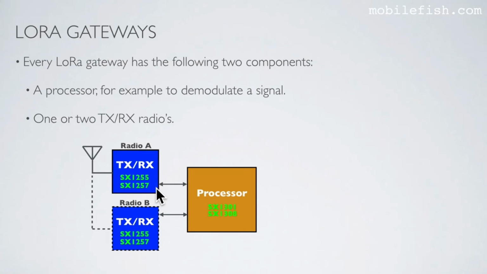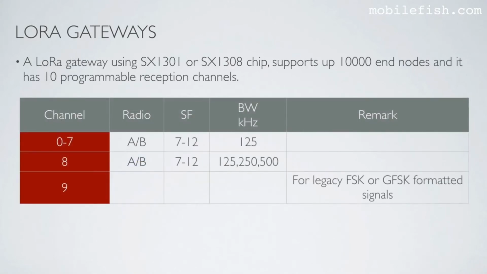But there's also another one, SX1258, which is used in China. A LoRa gateway using the SX1301 or SX1308 chip supports up to 10,000 end nodes, and it has 10 programmable reception channels: channel 0 to 7, channel 8, and channel 9.